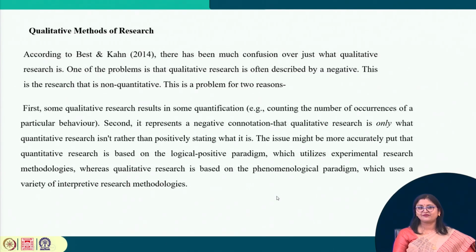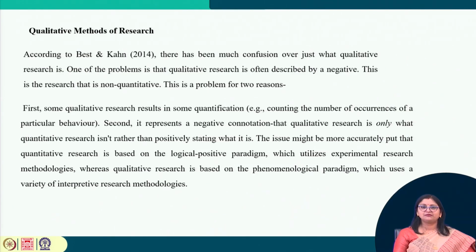First, some qualitative research results in some quantification, like counting the number of occurrences of a particular behavior, and second, it carries a negative connotation that qualitative research is only what quantitative research is not. So this is a misconception, rather than positively stating what it is.